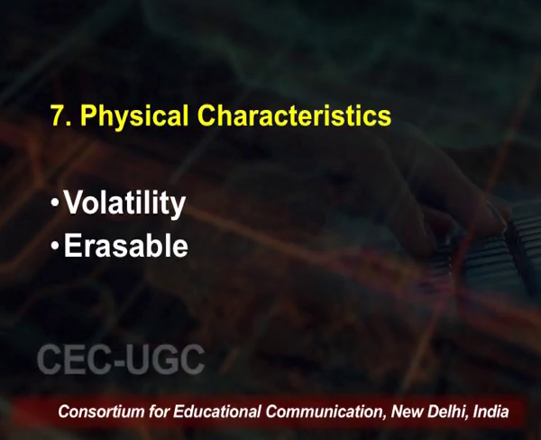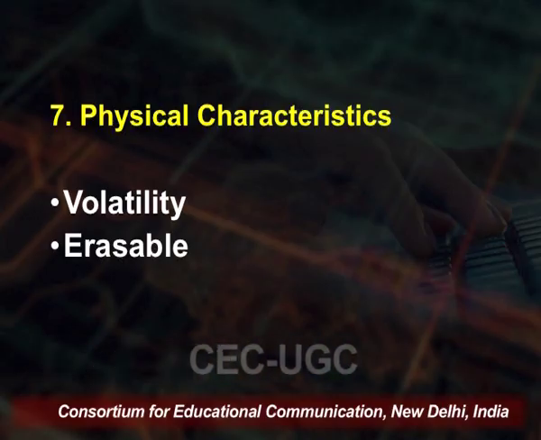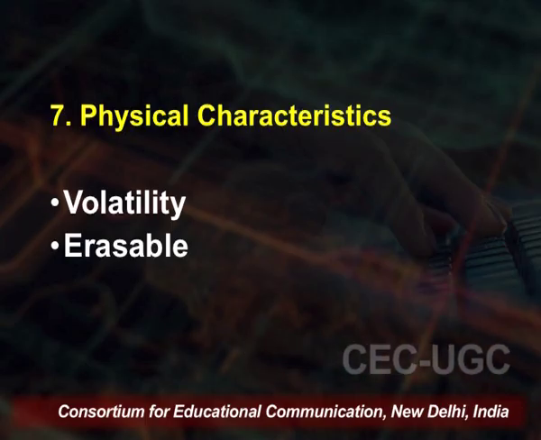Physical characteristics cannot be ignored, because again, whether it's a random access memory or a read-only memory, or what kind of memory we are using, whether it's volatile or it can be erased and reused, it varies with that. Now let's understand what volatility means.